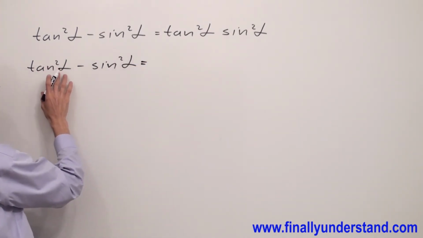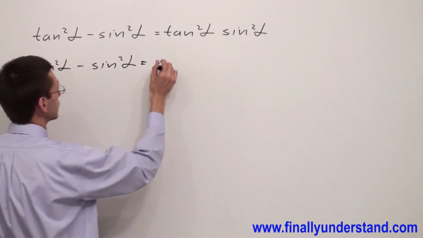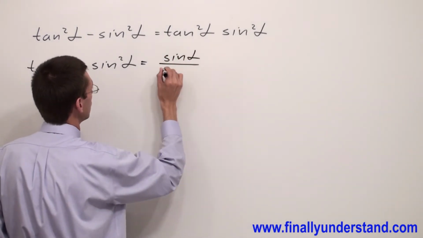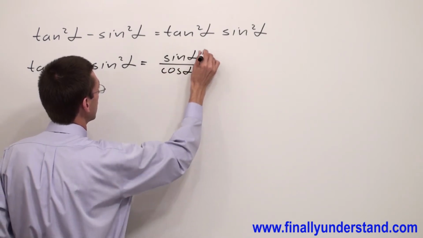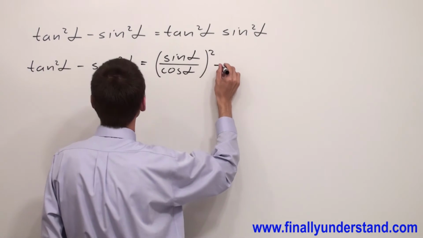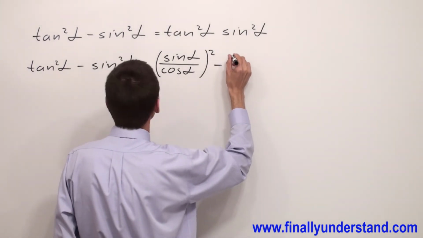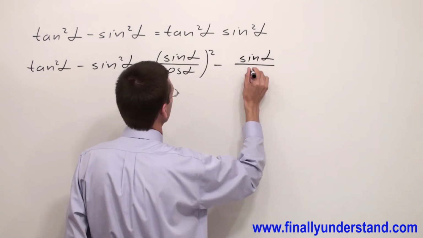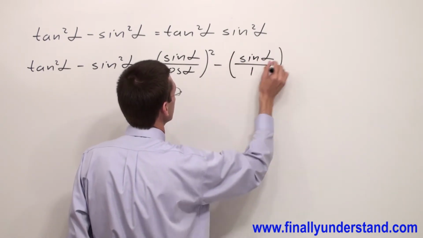Tangent square alpha I can rewrite as sine alpha over cosine alpha to the second power minus sine alpha over 1 to the second power.